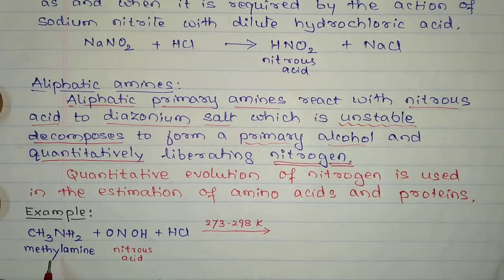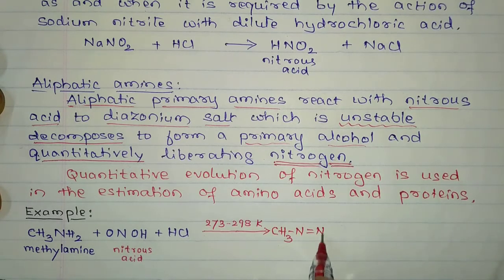Example: methylamine reacts with nitrous acid at a temperature of 273 to 298 Kelvin. It forms a diazonium salt, CH3N double bond NCl, which is a highly unstable compound.